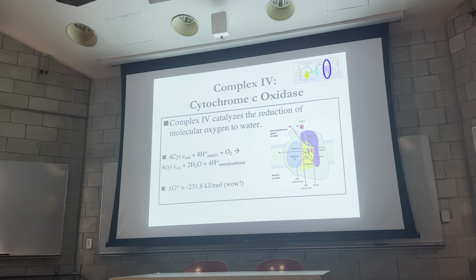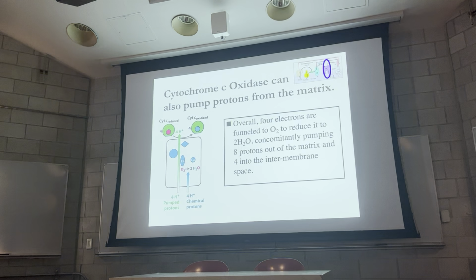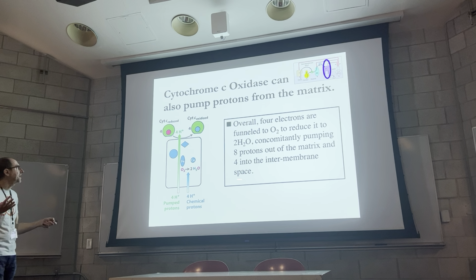And you do not need to know this. This slide is just summarizing what I said. When cytochrome C in the reduced form is transporting electrons through this enzyme to oxygen, 4 protons are needed to form the 2 water molecules, and then 4 protons are able to be pumped against the proton gradient into the intermembrane region.